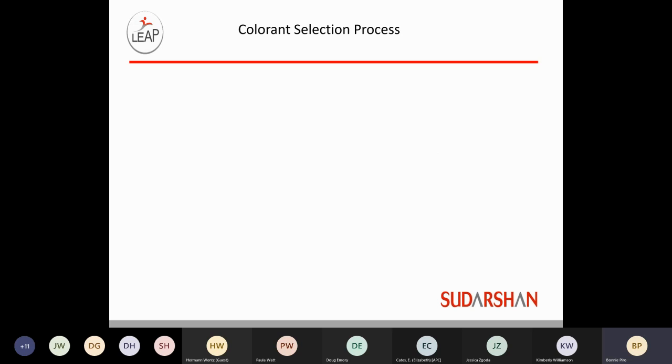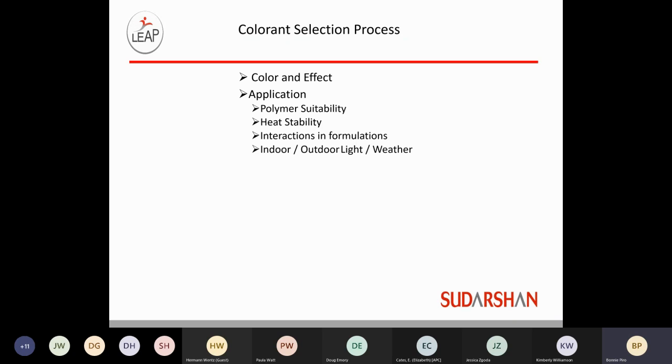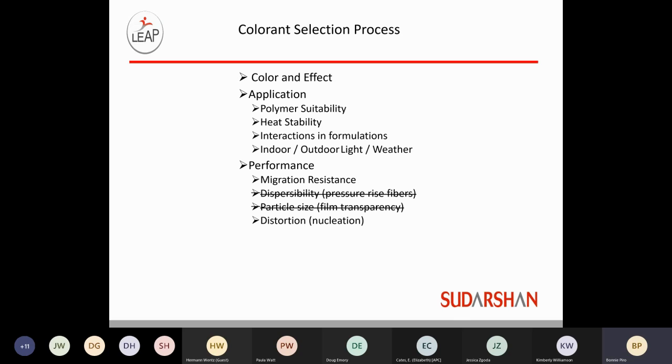So the colorant selection process is not different than what we've seen in the past. Color and effect, of course, is where one would start in the selection process. For solvent dyes, certainly the application has to be considered, what types of polymers are being used, heat stability, if there's any kind of interactions in formulations, like I mentioned with the TiO2, light fastness and weather fastness is always of consideration. Performance is the next area.